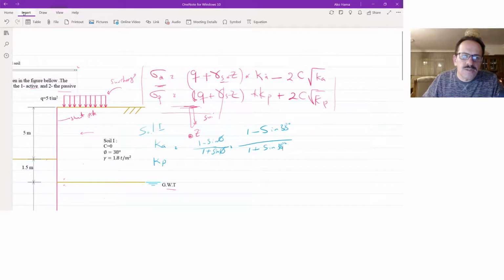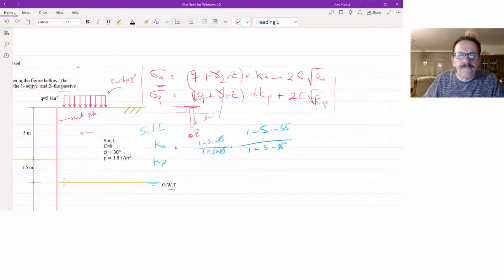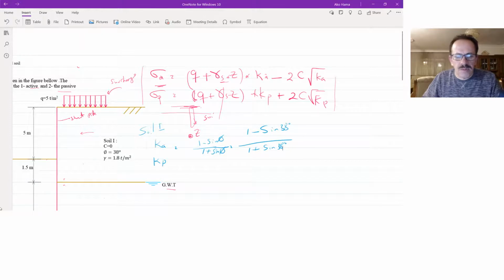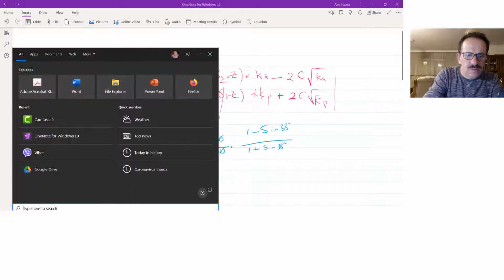Let me check the calculations. We have to bring the calculator.